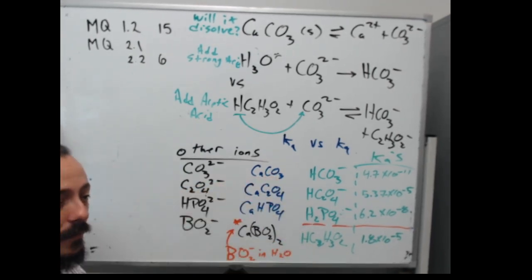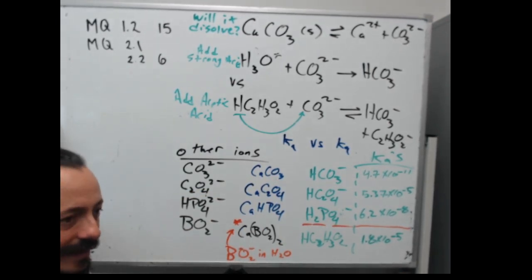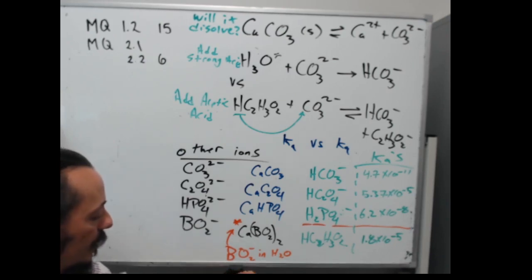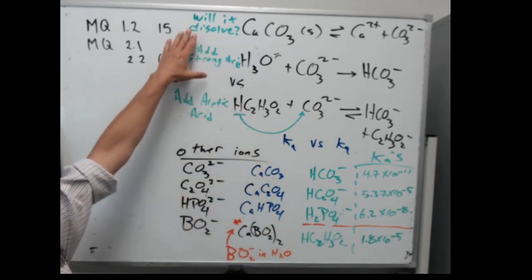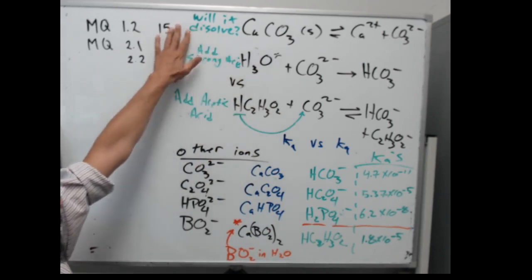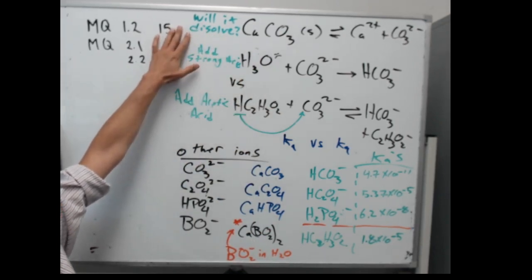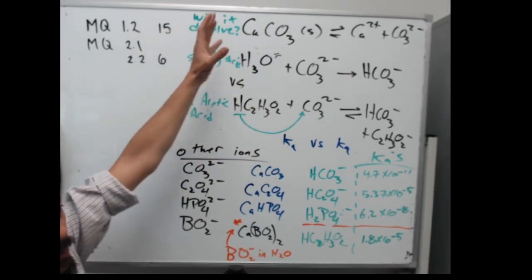Could you explain one more time, relationship-wise, why having a bigger Ka will mean it won't dissolve in acetic acid? So what we're looking for is, when we look at our solid, can we make a side reaction happen with the anion?